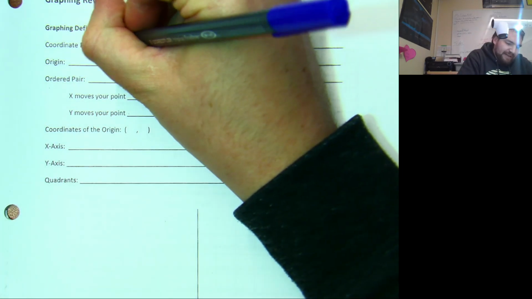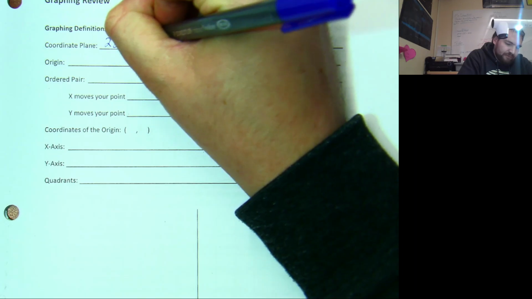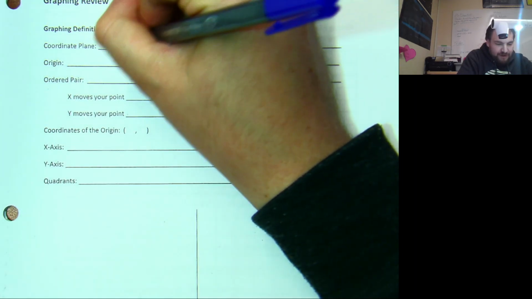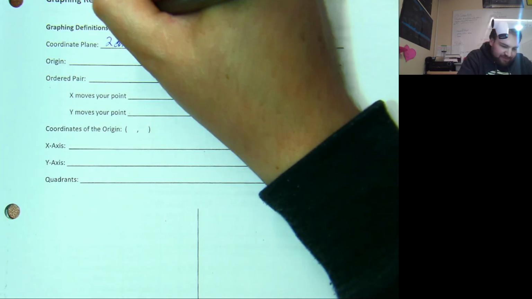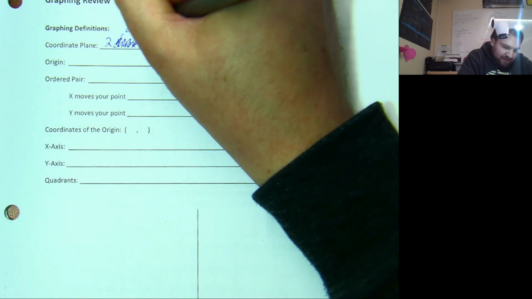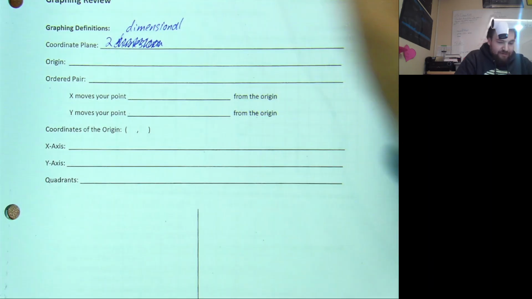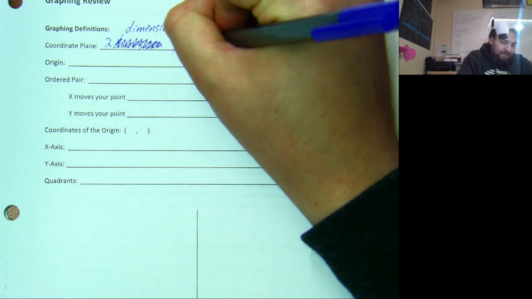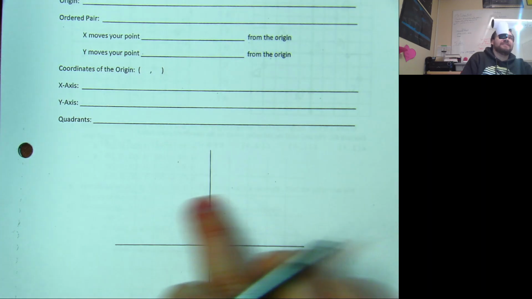The coordinate plane is a two-dimensional plane. We talk about planes in math. In math, planes are 2D. It's flat, this is the plane.